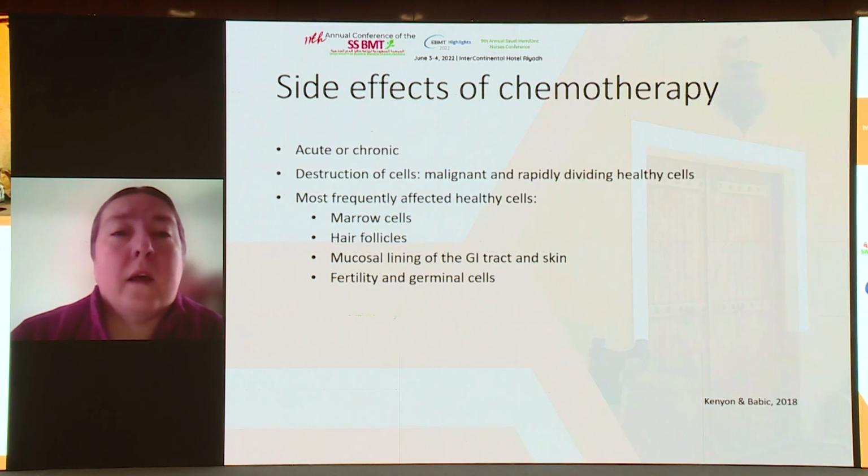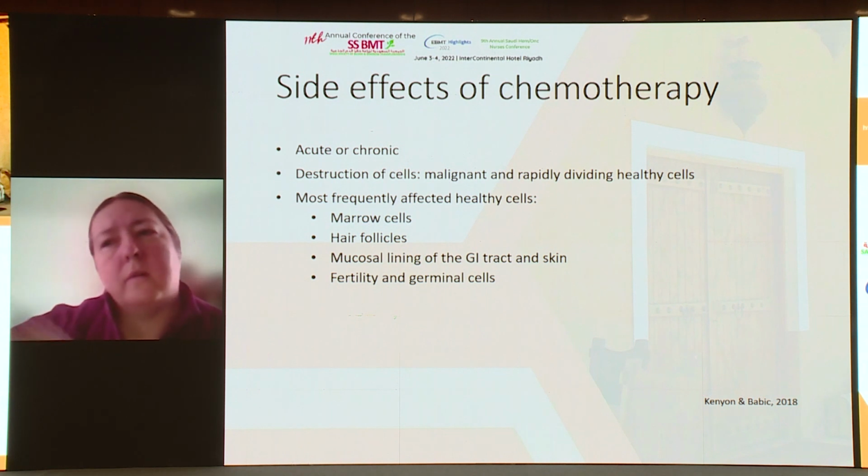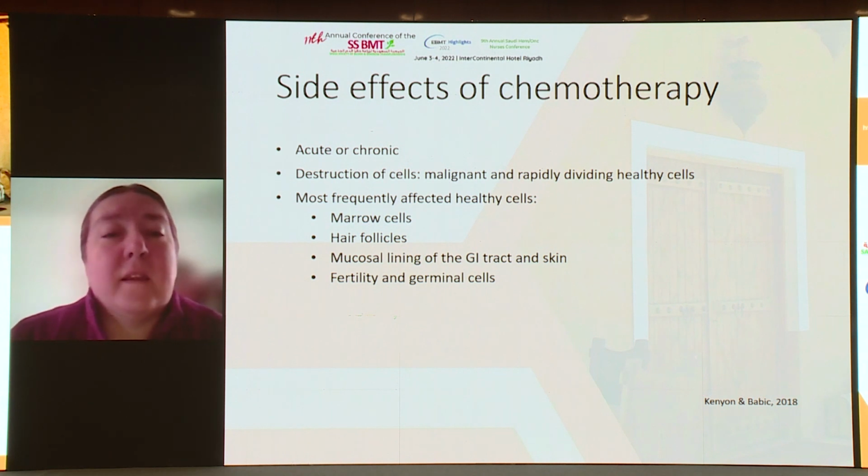So how can the side effects occur in the patients? They can be acute or chronic, so they can come very fast and soon or more delayed. They come with the destruction of cells, and it is not only the malignant cells affected by the destruction, but also the rapidly dividing healthy cells.